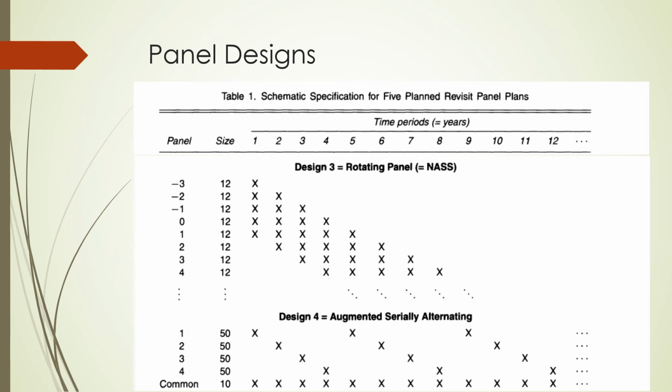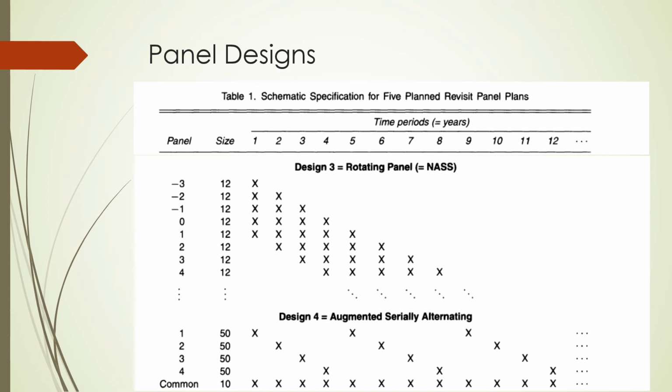The augmented serial alternating design, here we have again 5 different panels that we are surveying. 1 through 4 are surveyed once every 5 years, and those would be the same sites in those 5-year intervals, and you can see that those are offset.